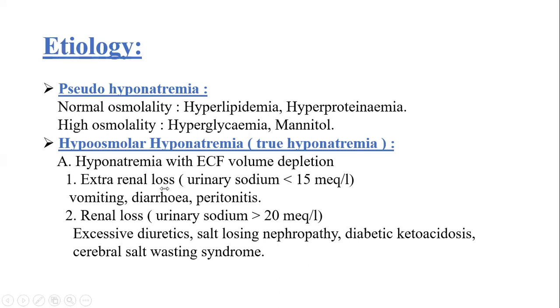That is, the loss of sodium is from a cause other than renal, like vomiting, diarrhea, and peritonitis. And if it is renal loss, the urinary sodium is more than 20 milliequivalent per liter. It can be seen in excessive diuretic use, salt-losing nephropathy, diabetic ketoacidosis, and cerebral salt wasting syndromes.